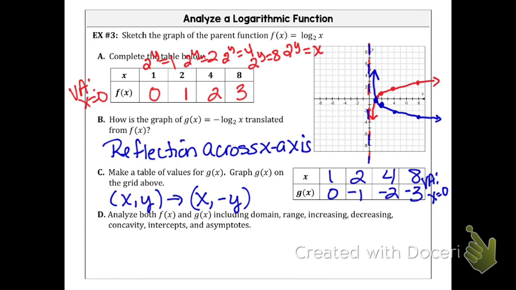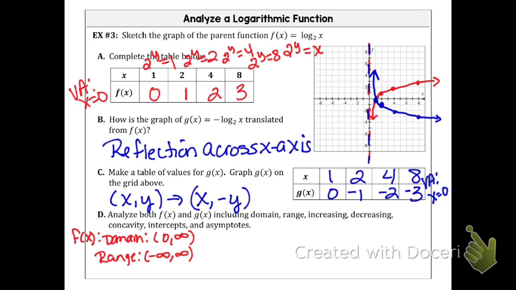And then it says analyze both f of x and g of x, including domain, range, increasing, decreasing, concavity, intercepts, and asymptote. All right, so for f of x, we know our domain is, I'm sorry, it's not negative infinity to infinity. It starts at 0 and it goes to infinity. Our range is negative infinity to infinity.